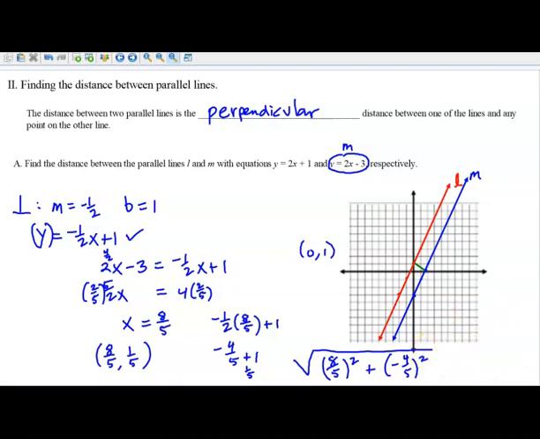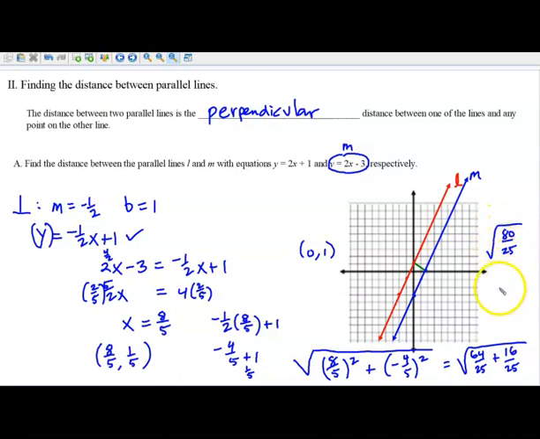And I'm going to get kind of crowded down here. So if we go ahead and square this, that's going to be 64/25. And that's going to be 16/25. Maybe I'll move up here. So 80/25.